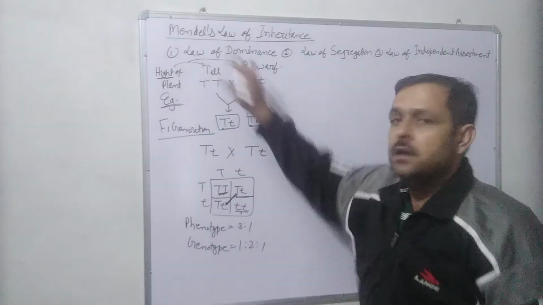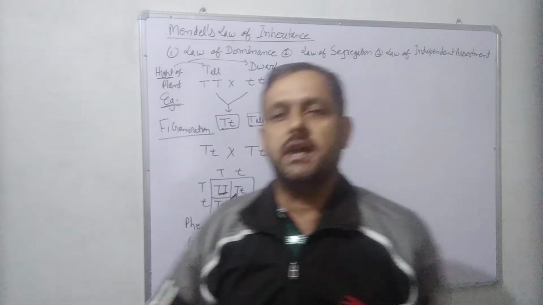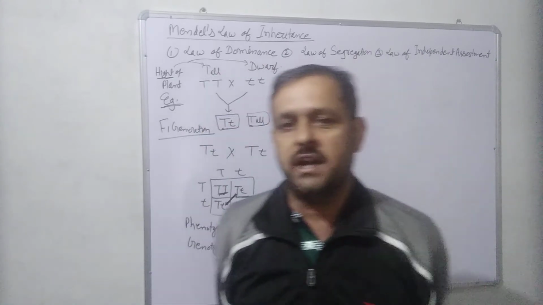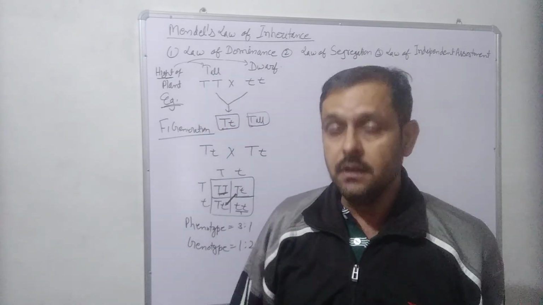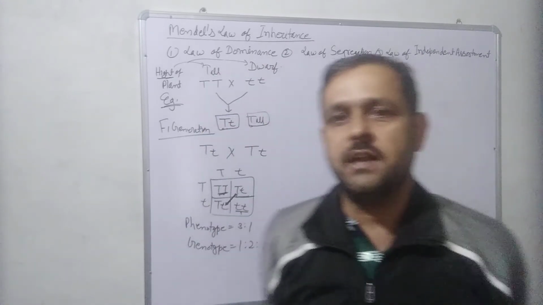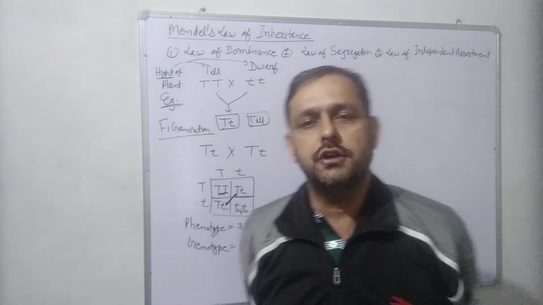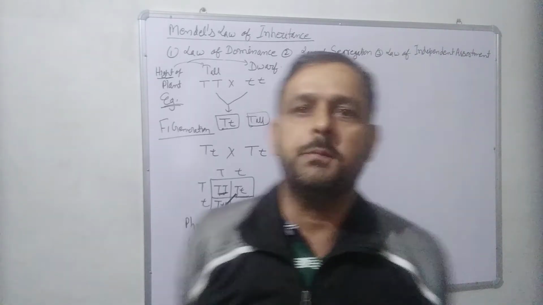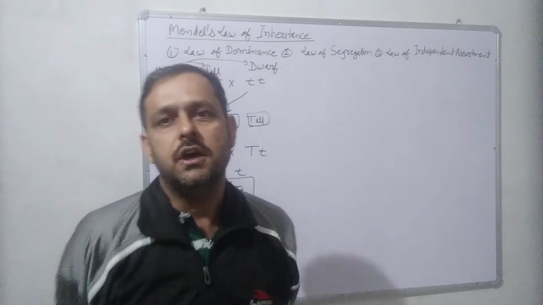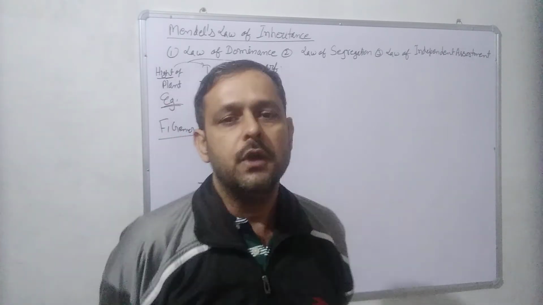अब लॉ क्या हुआ कि whenever we cross between two characters or the traits of two characters, then the character which is present or shows in the F1 generation is called dominant, and the character which is not present in the F1 generation is called recessive, and this is the law of dominance.